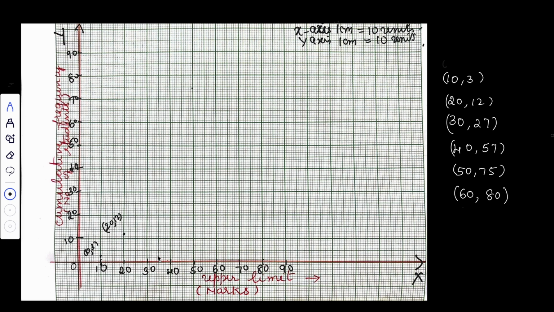The third one is 30 and 27. It will come here. Then 40 and 57, 50 and 75, 60 and 80.